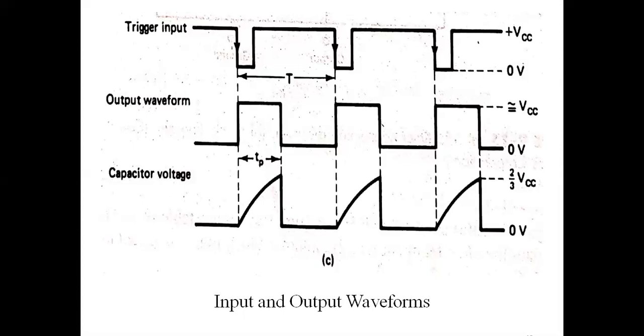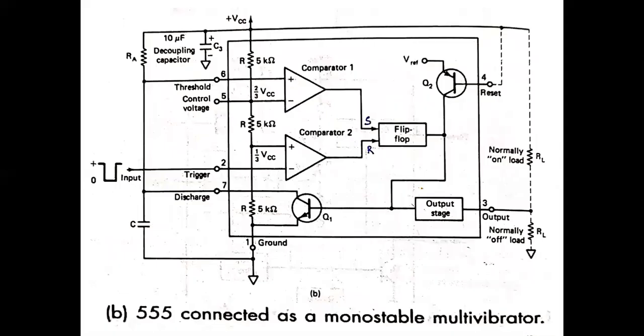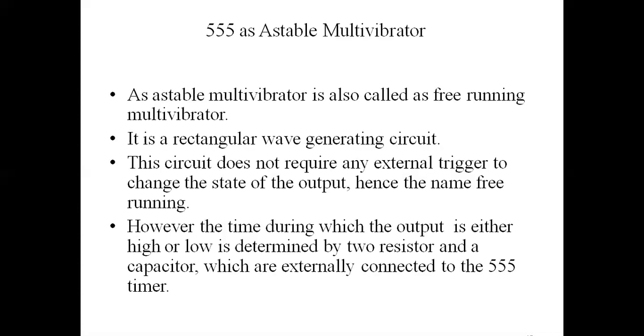So now next we'll see that the 555 timer can also be used as an astable multivibrator. An astable multivibrator is also called a free-running multivibrator, and it is sometimes also called a rectangular wave generating circuit.